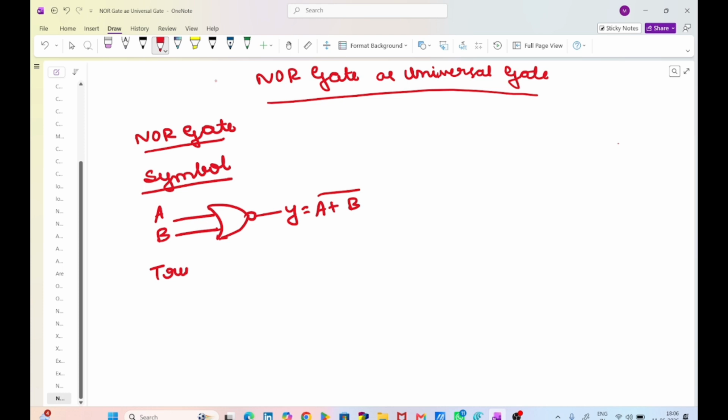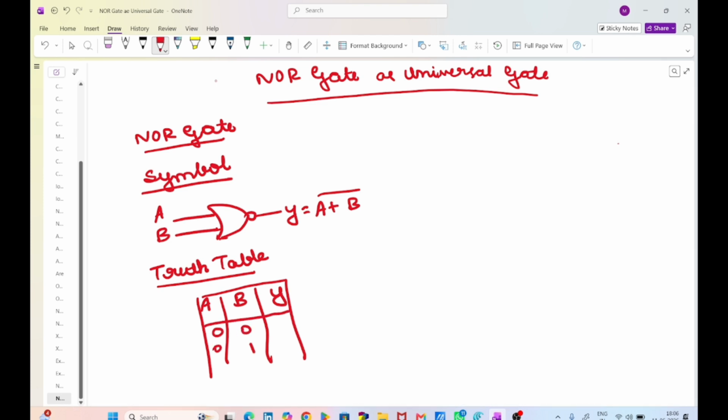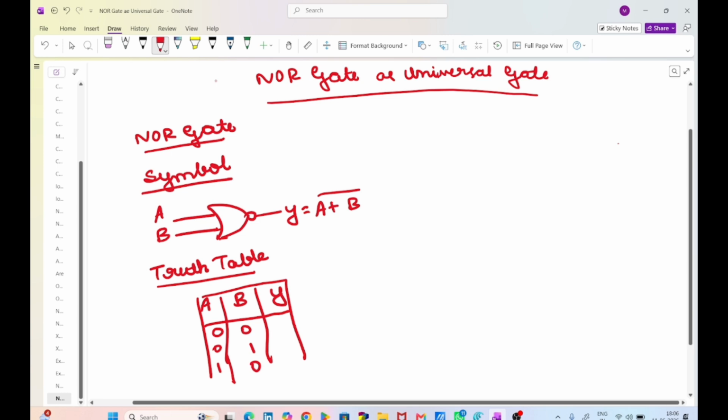Let us write the truth table: A, B, Y. 0, 0, 0, 1, 1, 0, 1, 1.